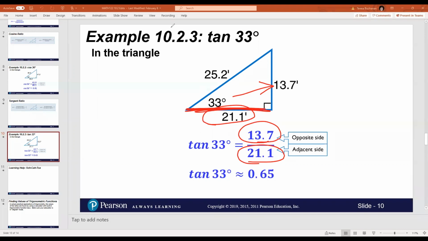The adjacent is never the hypotenuse. The hypotenuse is hypotenuse. It's never going to be called anything else. Adjacent then has to be, if I'm thinking about this 33-degree angle, this can't be it. It has to be this one. And again, that ratio, that 0.65, is the tangent of 33 universally, regardless of where that 33-degree angle happens to live.